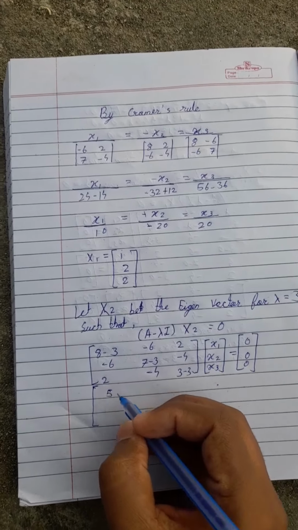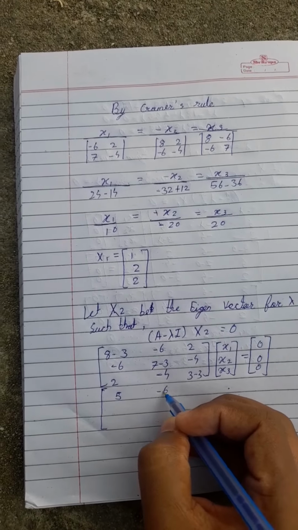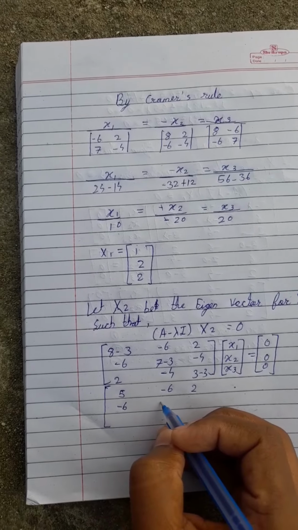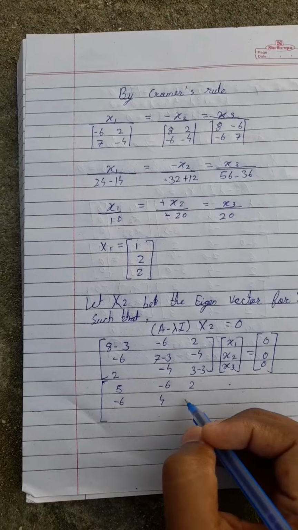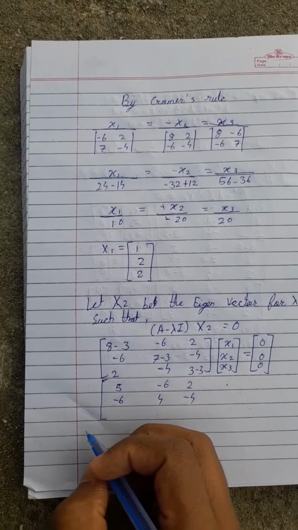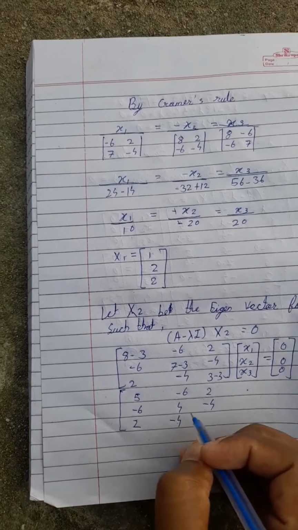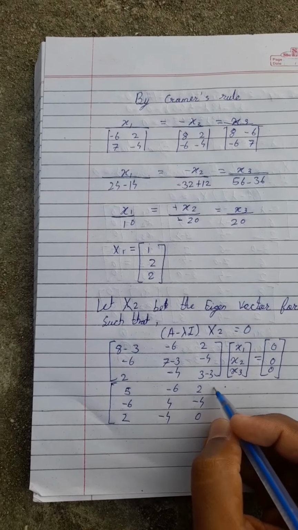So it becomes 5, minus 6, 2, minus 6, 4, minus 4, 2, minus 4 and 0.